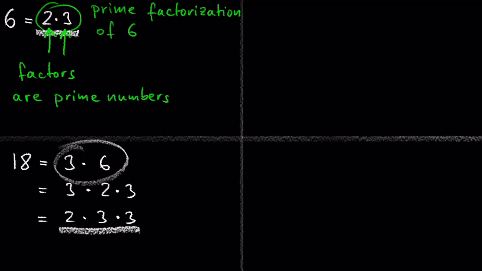So 3 times 6 is not the prime factorization of 18, because 6 is not a prime number. In other words, just try to break down the numbers as much as you can. So when you see a 6, break it down further to 2 times 3.